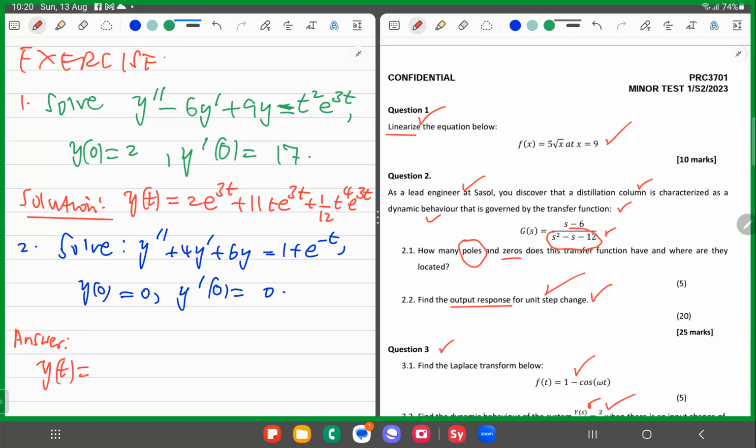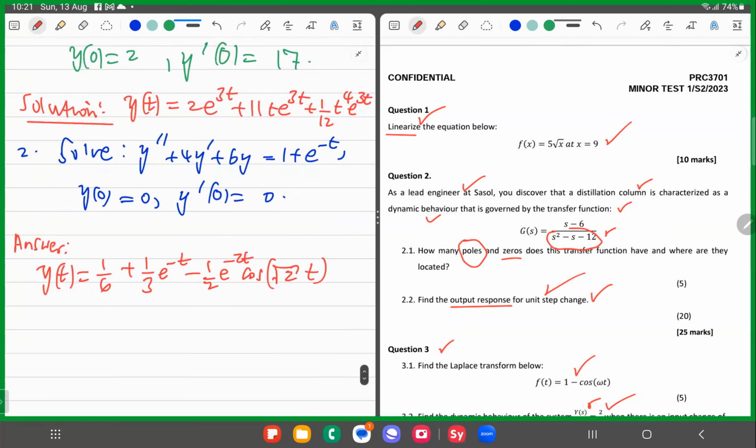So y of t is 1/6 plus 1 over 3 e to the minus t minus 1/2 e to the minus 2t cosine of the square root of t.